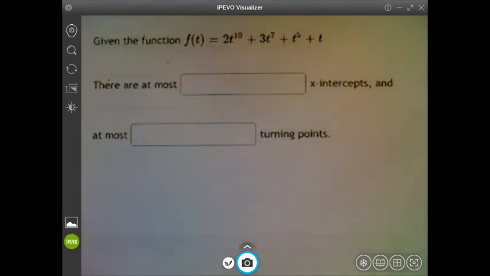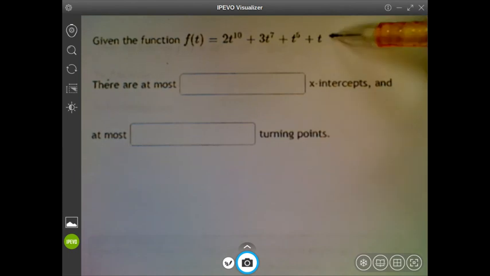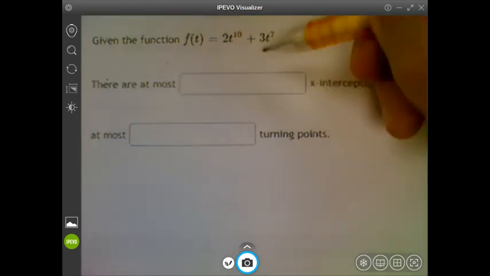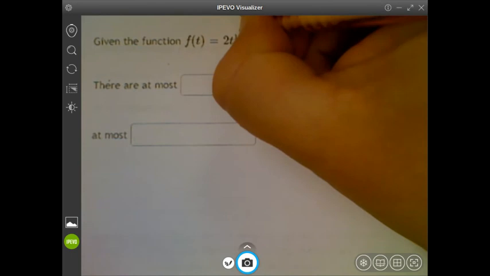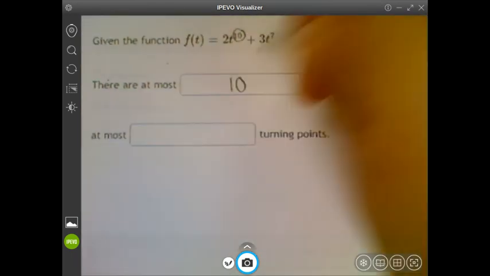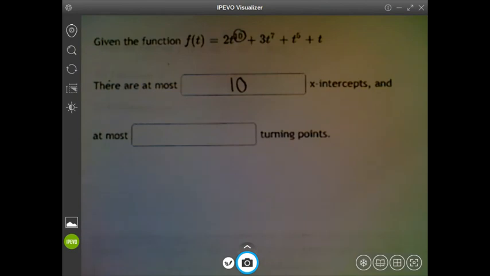All right, so here is the next question. It says, given the function f of t, and then it tells us what f of t is, there are at most blank x-intercepts. That's the same question that we saw when it said there's at most, like, the maximum number of real zeros. Based off of the equation here, the highest power is 10, which means that at most there are 10 x-intercepts.